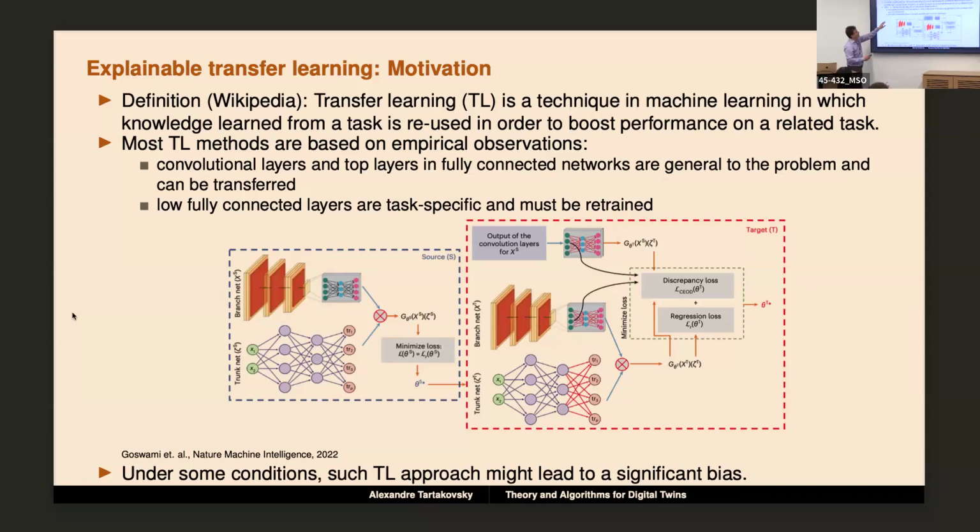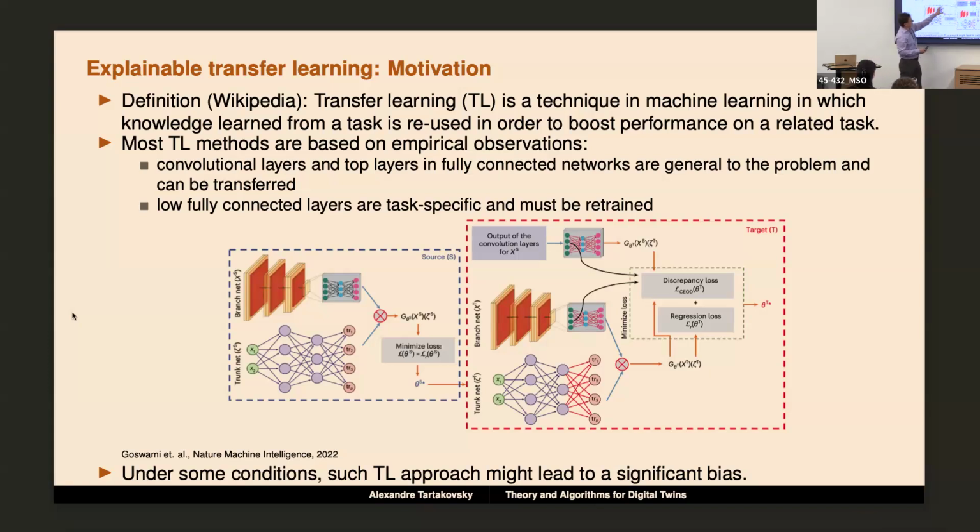And so what people found is that convolutional layers and top layers in fully connected networks are general to the problem and can be transferred, while low fully connected layers are task specific and must be retrained. Okay, and this is an example of transfer learning for the DeepONet.